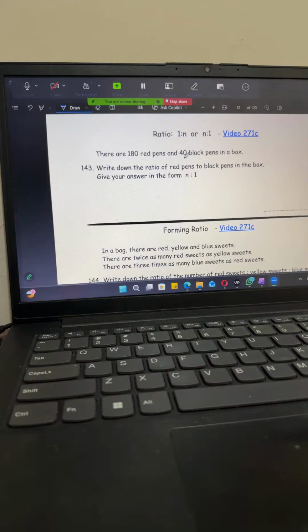Well done. This time they want 1 on this side, so you have to divide by the lowest number, which is 40, right? Yeah. So you have to divide both parts of the ratio by 40. So 180 divided by 40.